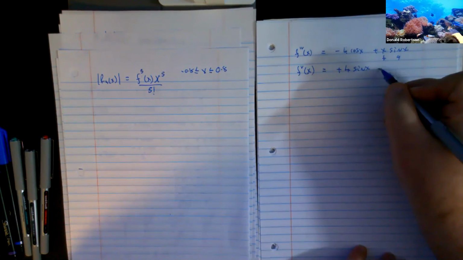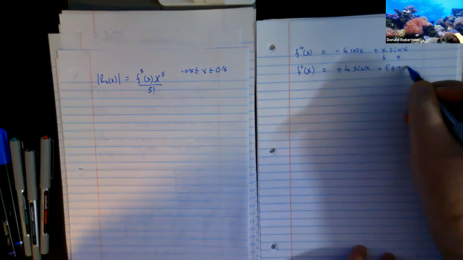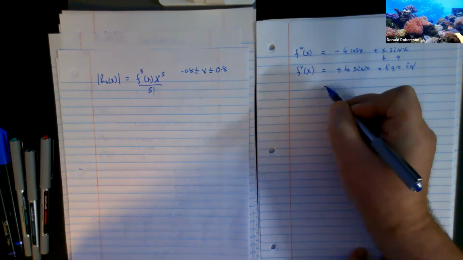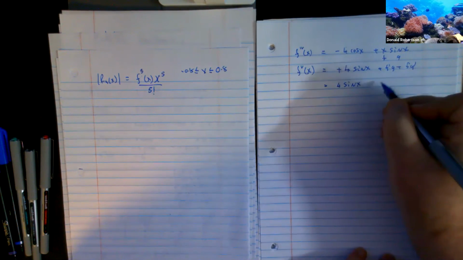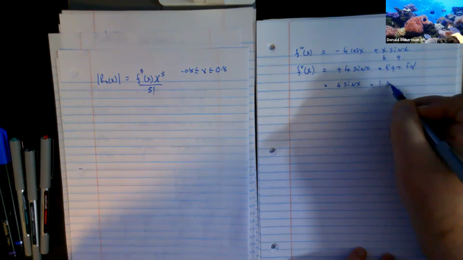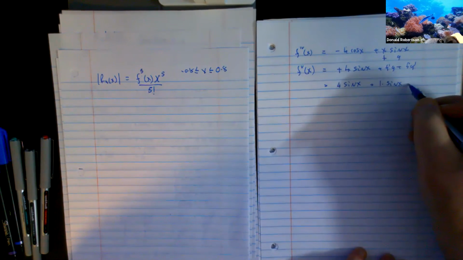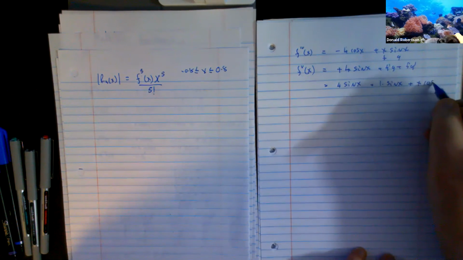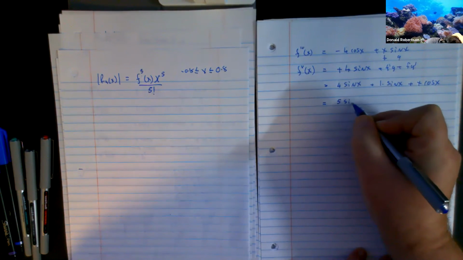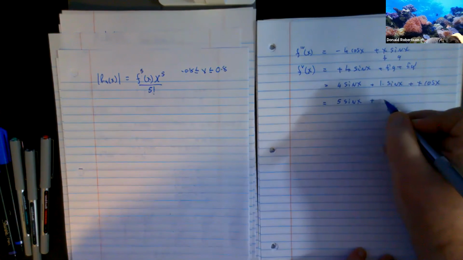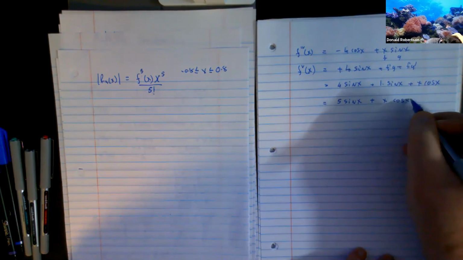And we're back to another product rule. So I get +4 sin x. 1 times sin x, add x times cosine x. So it looks like I'm going to get 5 sin x's plus an x cosine x.